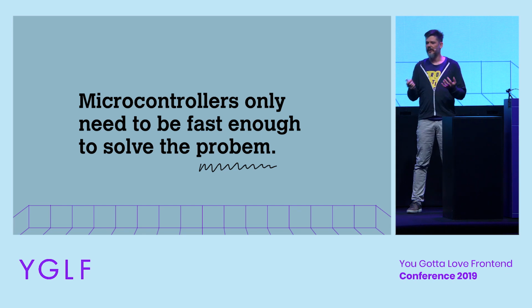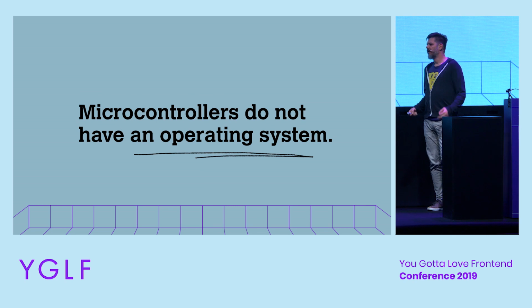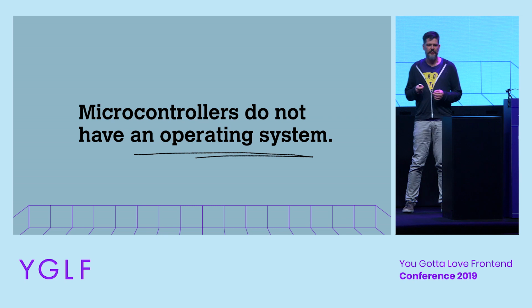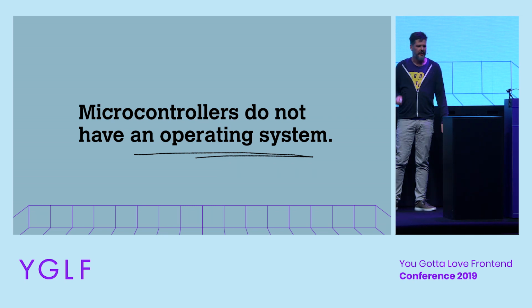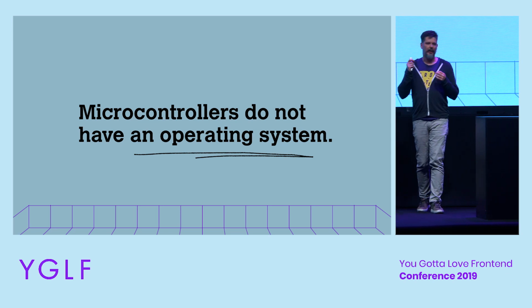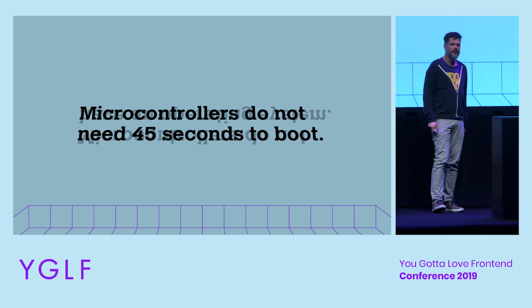So microcontrollers are fast enough for everything I'm going to show you today. And finally, they do not need an operating system, at least not in a traditional sense. So that may sound bad, but it's actually fantastic. Because when I flick a light switch, I do not want my Linux-powered lamp to take 45 seconds to turn the lights on.